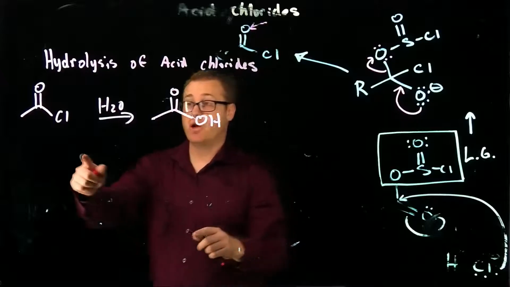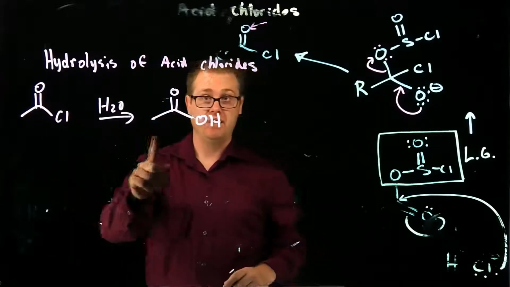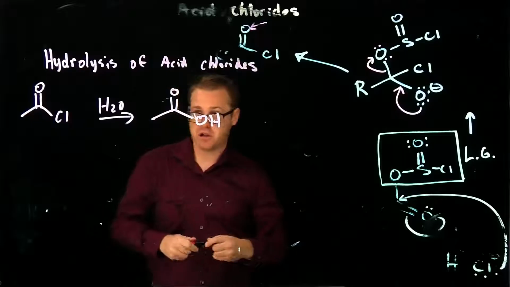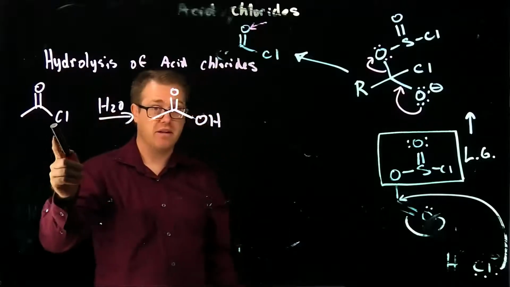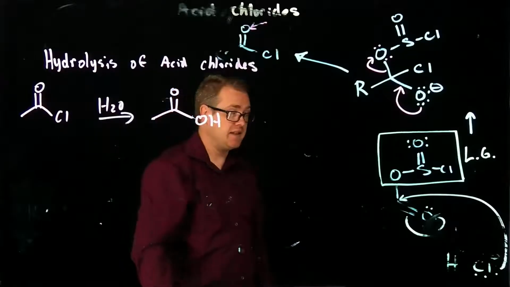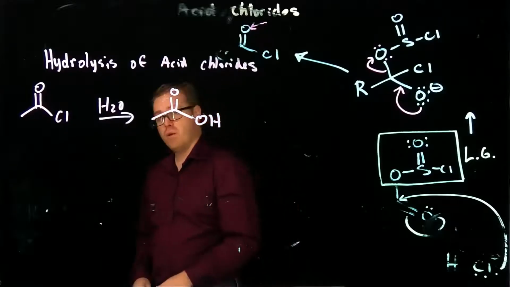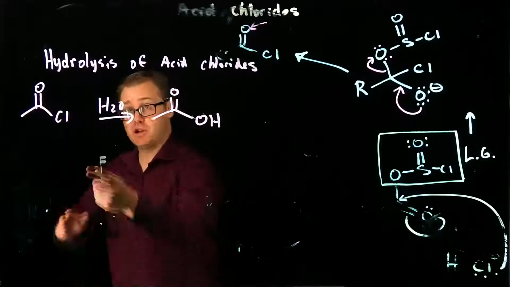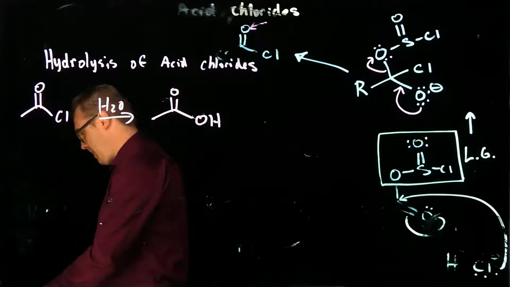And I already showed you the mechanism of how to do that. So make sure you know the name. Hydrolysis of acid chlorides goes into a carboxylic acid, and make sure you know the mechanism. And I showed you the mechanism previously.